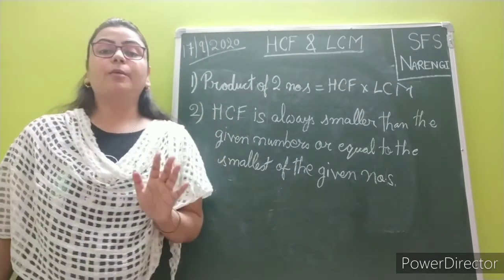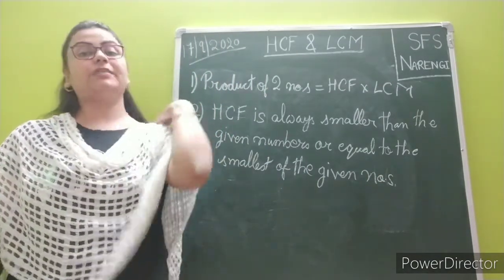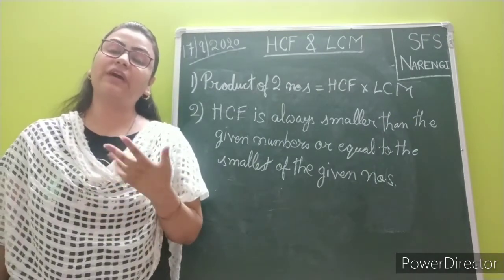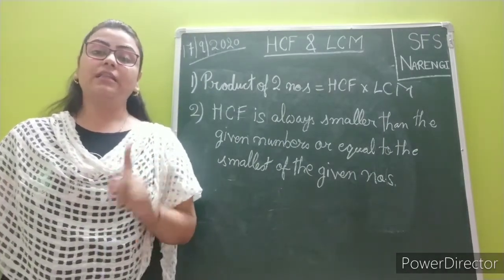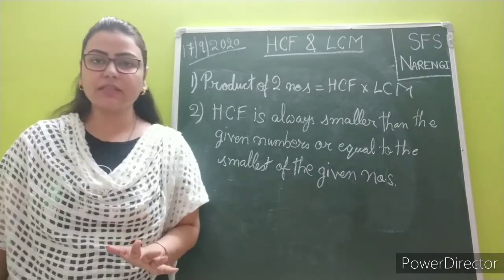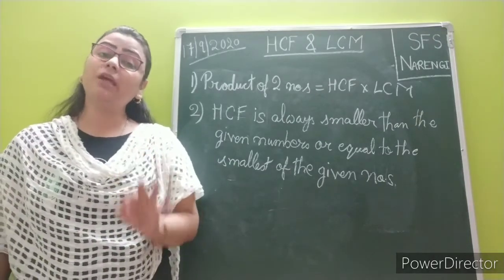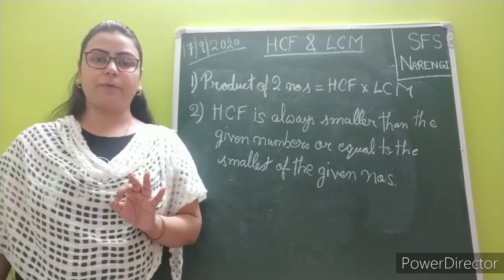This is fact number 2. Whenever we find out the HCF, we will always see that the HCF will either be smaller than the given numbers, or it will be equal to the smallest of the given numbers.